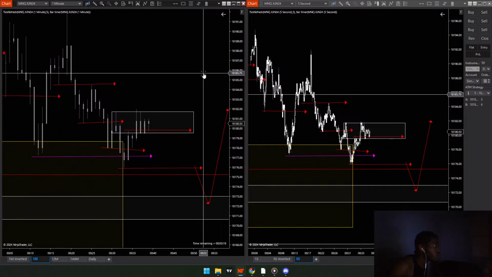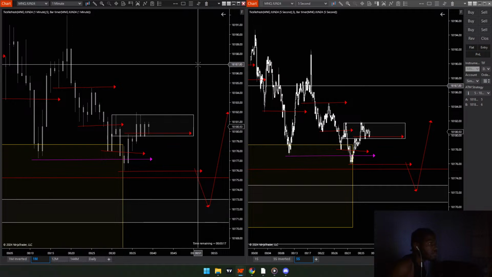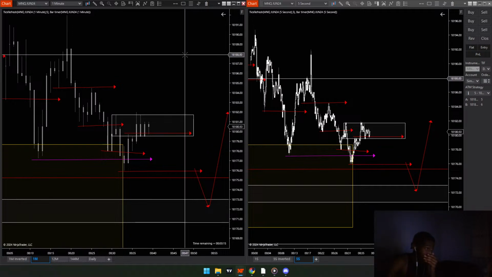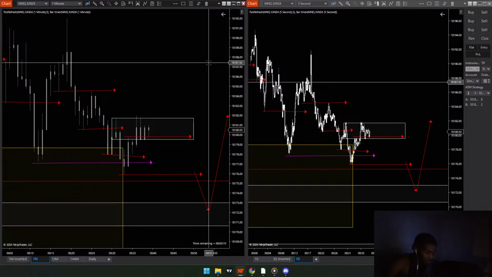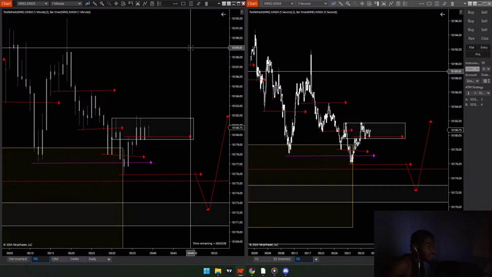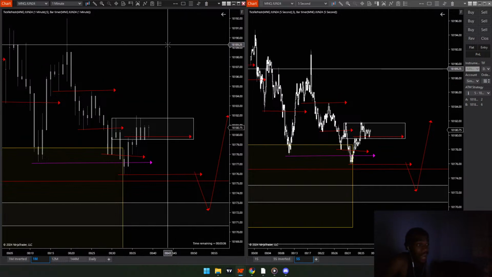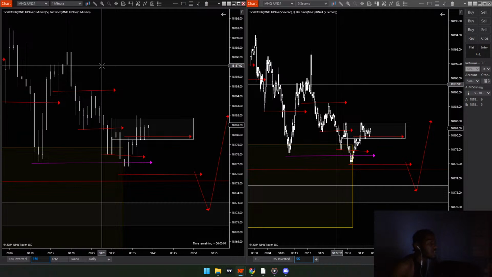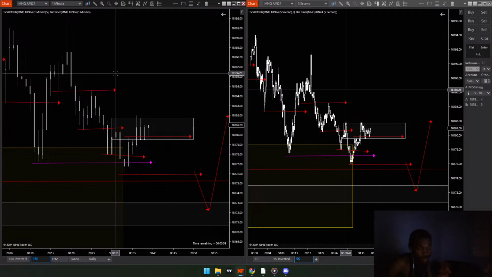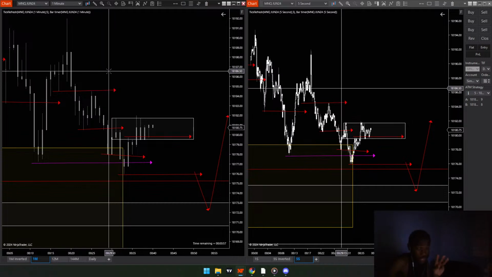So yeah, I'm not saying I lost three times and on the fourth try I'm gonna see if I can get back out of drawdown. No, I'm not saying that. I'm saying I allow myself two. So basically, if I lose two trades, then that third trade is my last trade.